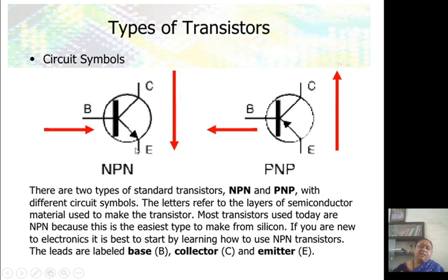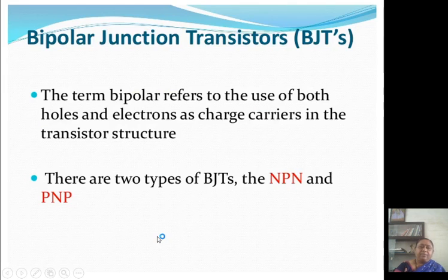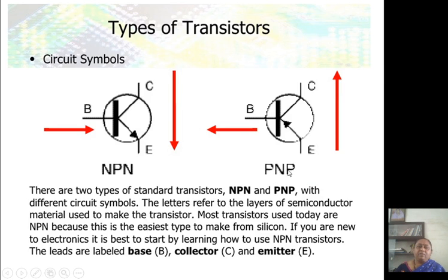Three terminals are here: emitter, base and collector. Now here in this figure: emitter, base, collector. In PNP transistor, the emitter terminal arrow is shown towards the base.